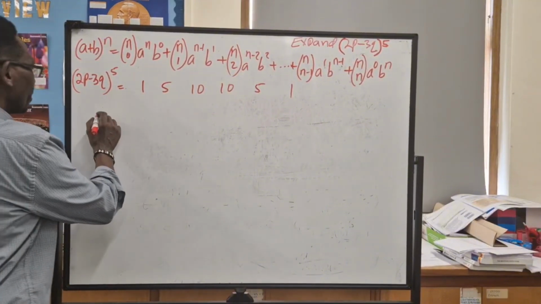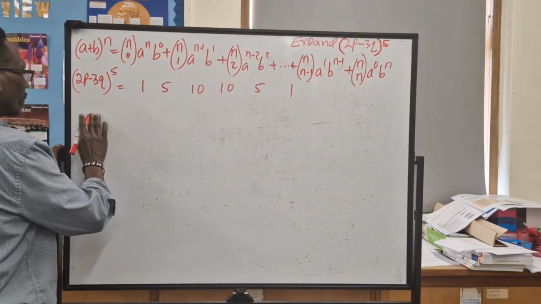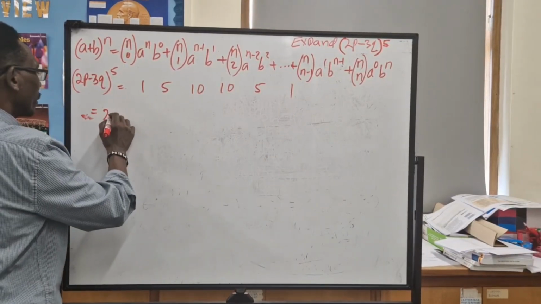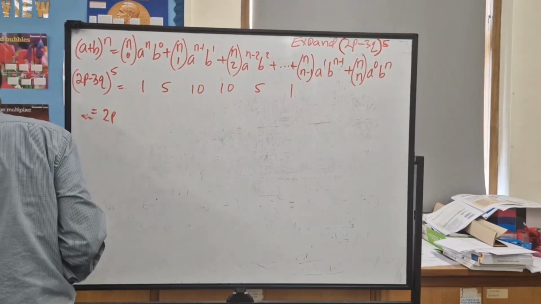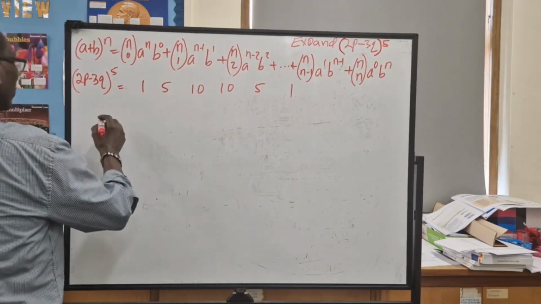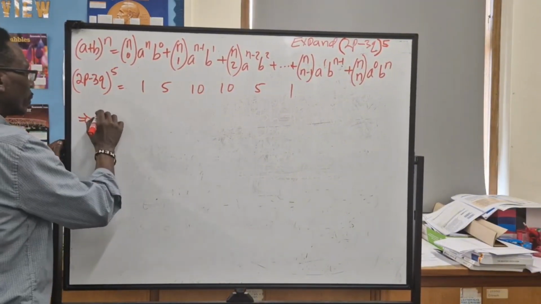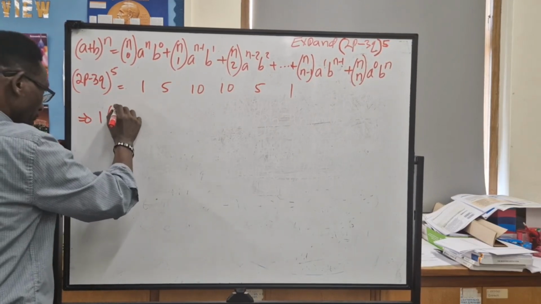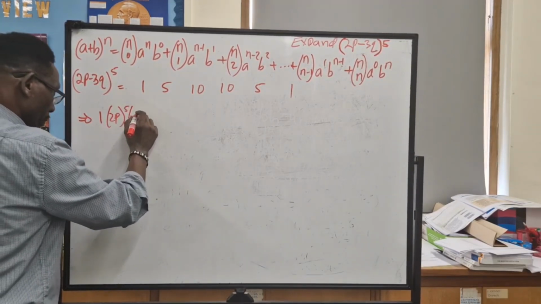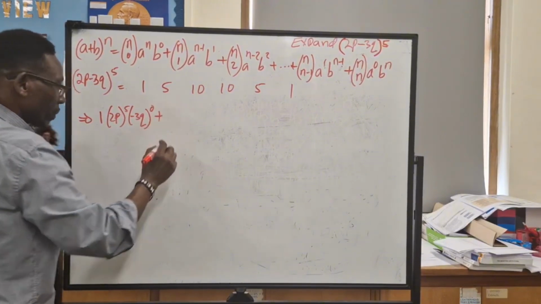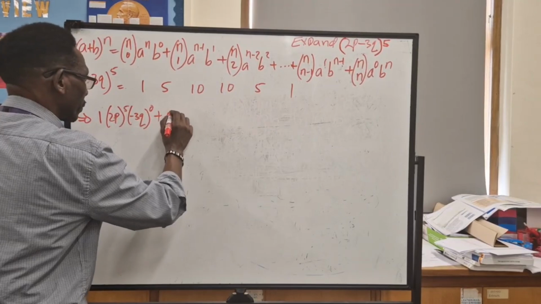So let's put it down now. Put 1 there, and then we've got 5.